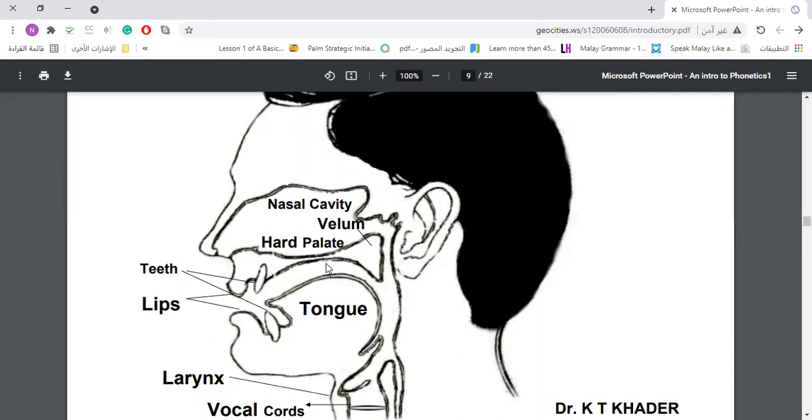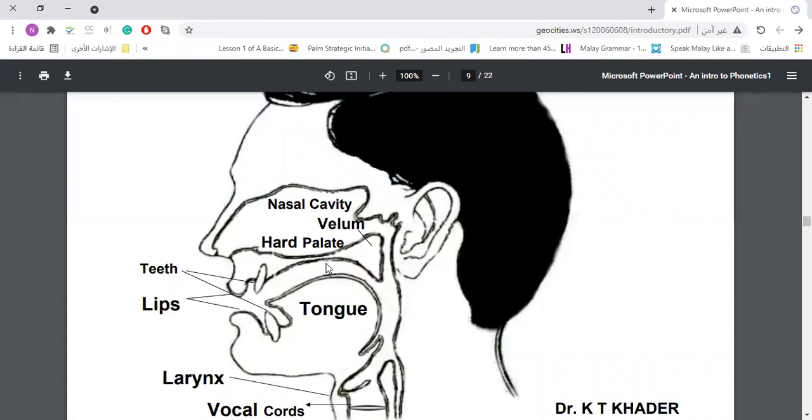Now, moving from the hard palate to the soft palate, or what we call the velum. So the soft palate is also the velum. There has to be a space left in order for the sounds to be produced, okay?